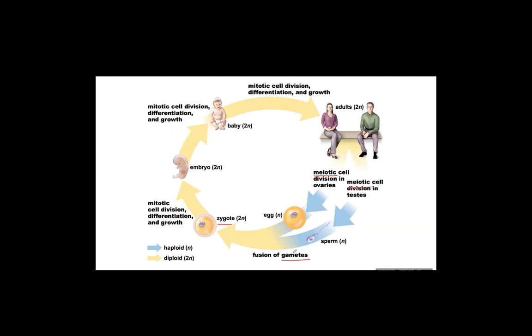Once egg and sperm fuse, they form a diploid cell, which we call a zygote. This zygote continues to do mitosis, so it becomes an embryo, fetus, baby, and then keeps growing up and becomes an adult. Okay? So in this life cycle, your life will undergo mitosis and meiosis, both cell divisions.